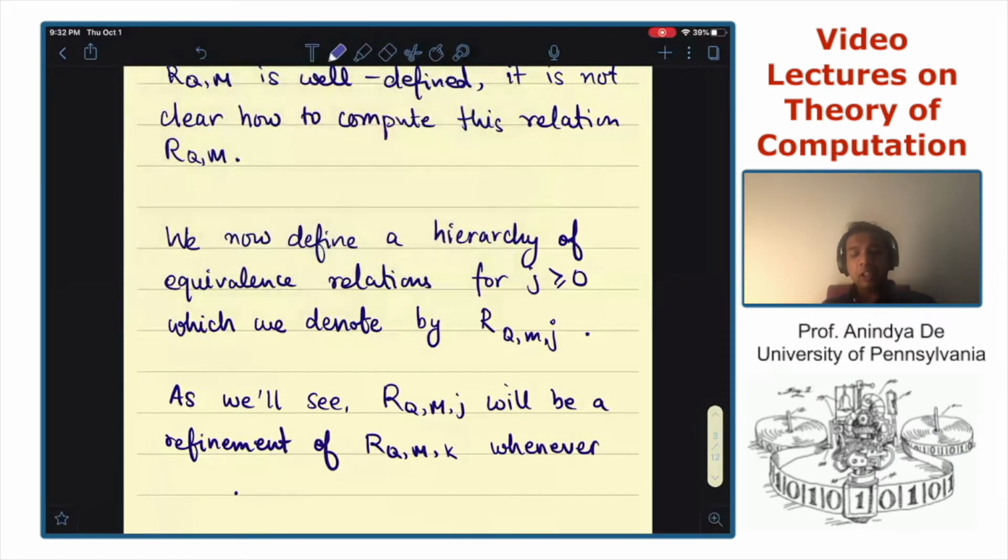The reason we are calling this sequence of equivalence relations a hierarchy is that whenever j is greater than or equal to k, the equivalence relation R_{Q,M,j} will be a refinement of R_{Q,M,k}. So as you go higher and higher up in the hierarchy, the equivalence relations will refine each other. There will be successive refinements.